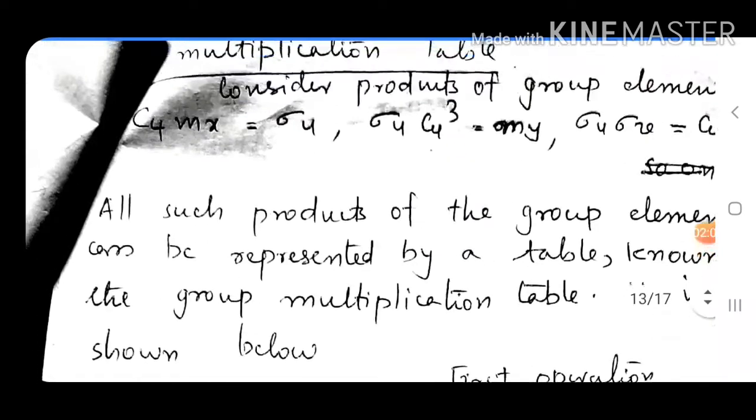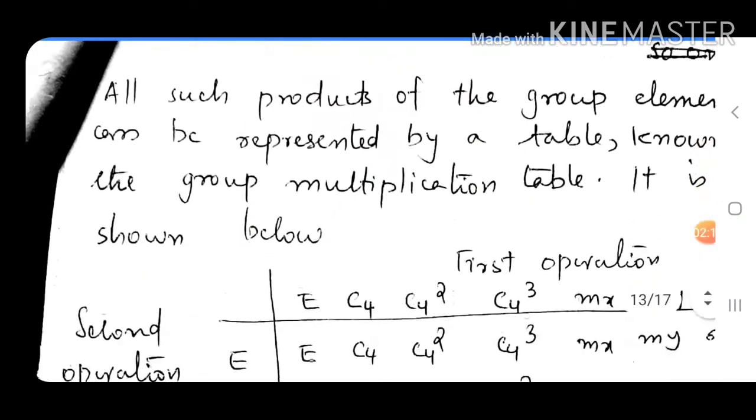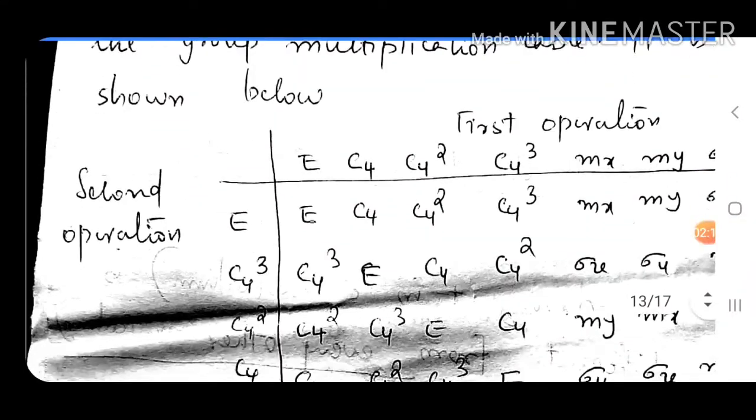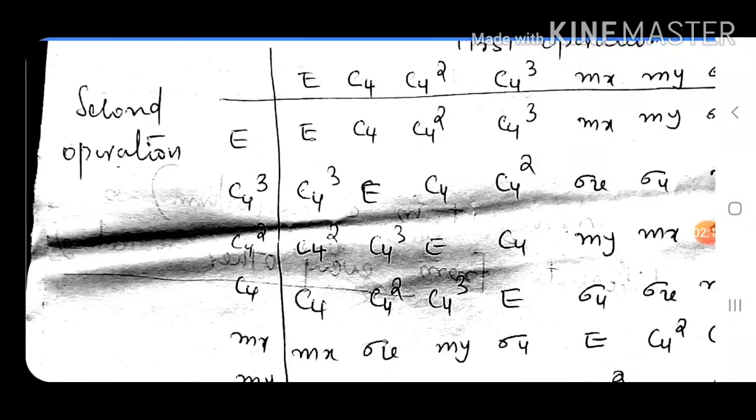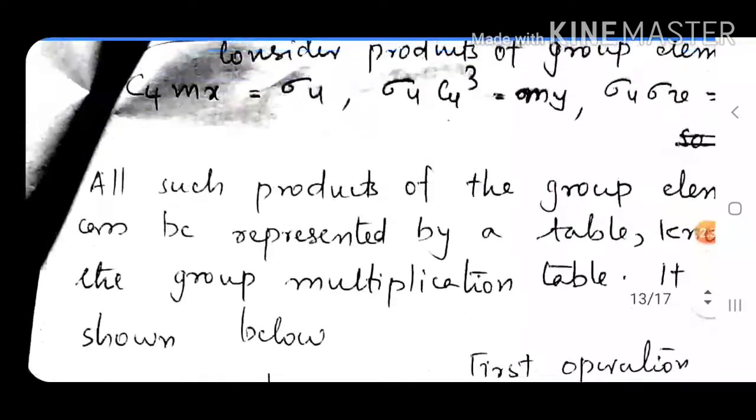And here we saw C4mx is sigma u. So we take C4 here, see the fourth row, C4. Mx is the fifth column. So C4mx is sigma u. Fourth row and the fifth column, the element that we are getting is sigma u.